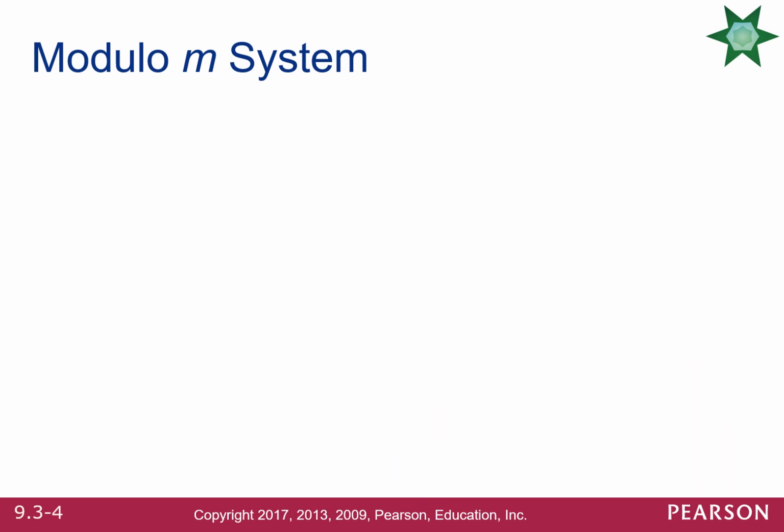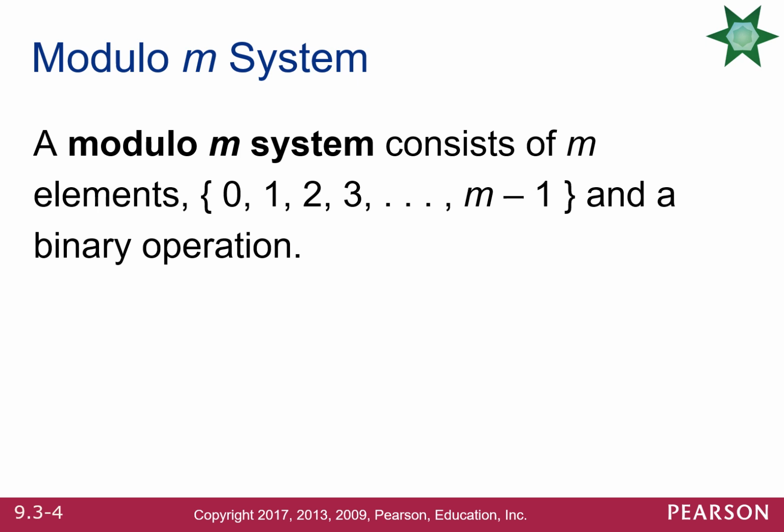So let's review one more time what the modulo M system is about. In a modulo M system, or in any modular arithmetic, the solution that we are looking for is a remainder obtained by performing a division of a certain number by the value of M. And the solutions can take values from 0 through m minus 1.